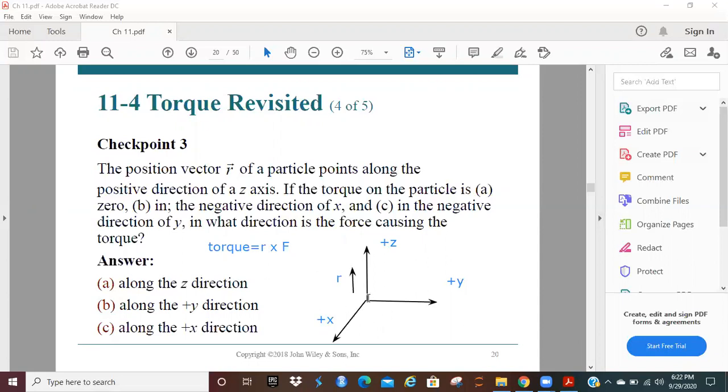Torque would be the way that your palm would point, but in this particular case, it ends up being 0.